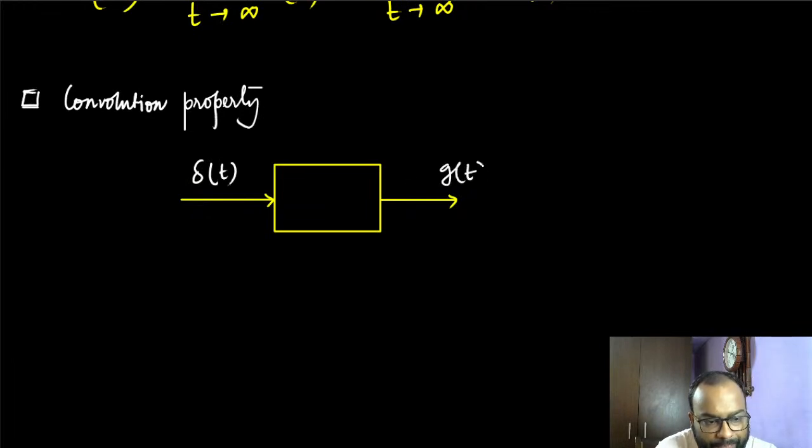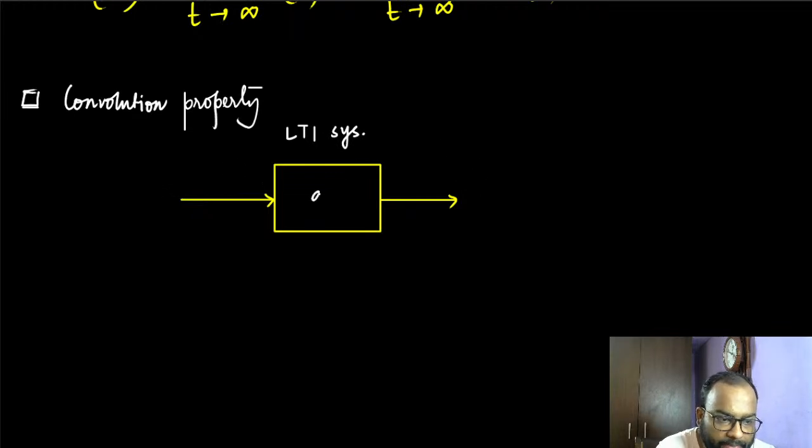You understand that? Of course, this is an LTI system, a linear time invariant system. So the impulse response gives you all the knowledge that there is to know about the system, right? So this system is described through this impulse response. g(t) is the impulse response of the system.